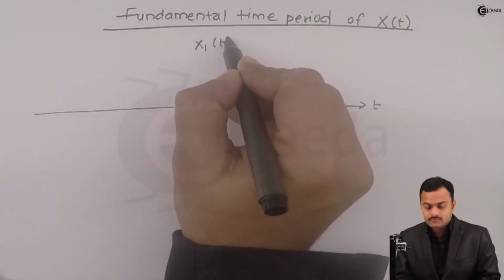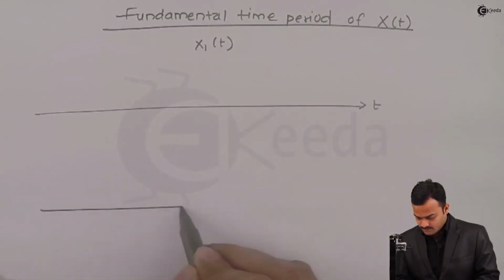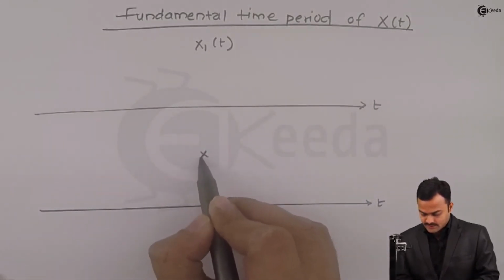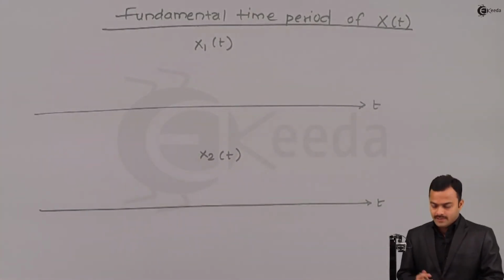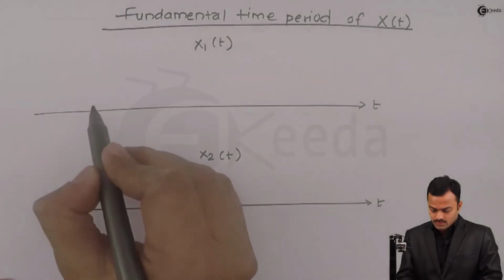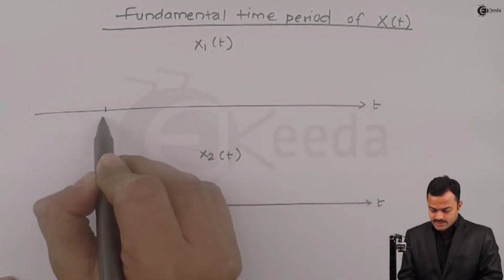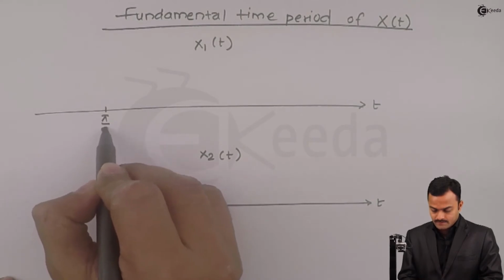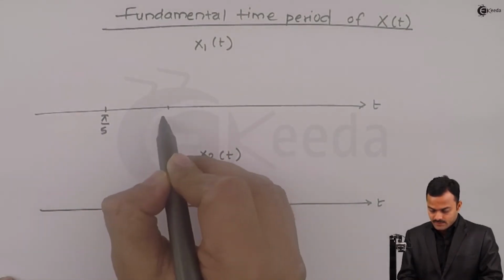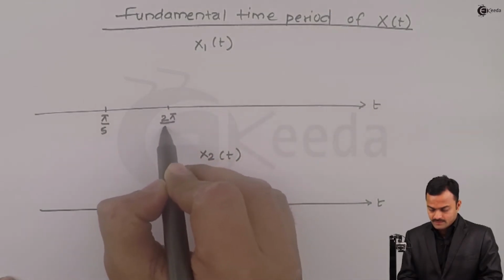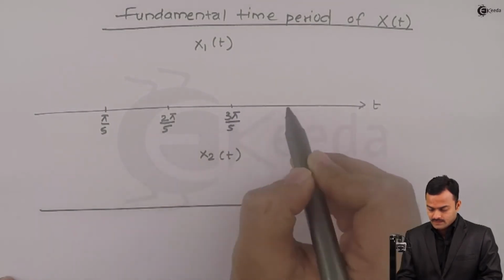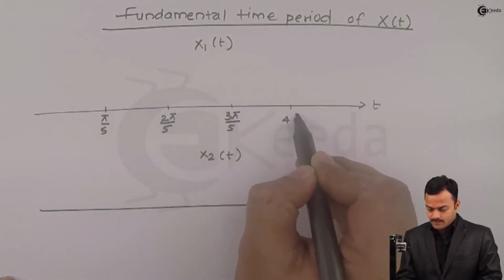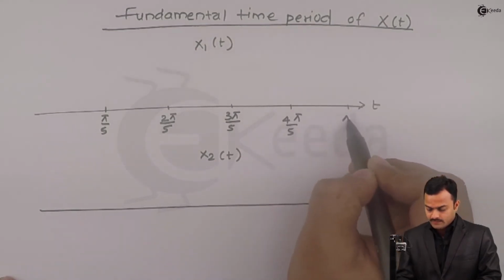So this is a plot for x1(t), and let's take this as for x2(t). Now the fundamental time period for x1(t) is pi by 5. So let's consider this time span as pi by 5, then we have 2 pi by 5, 3 pi by 5, 4 pi by 5, and in the end it will be pi.